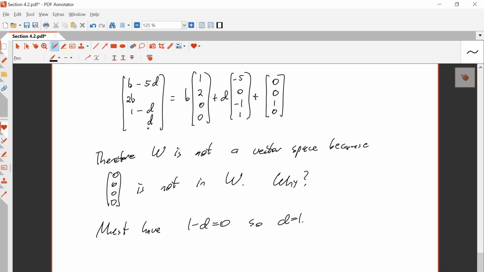But then the fourth row is not 0. Right, so this one fails to be a vector space.